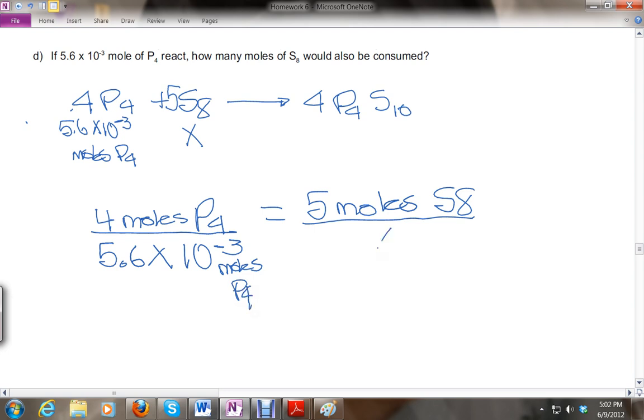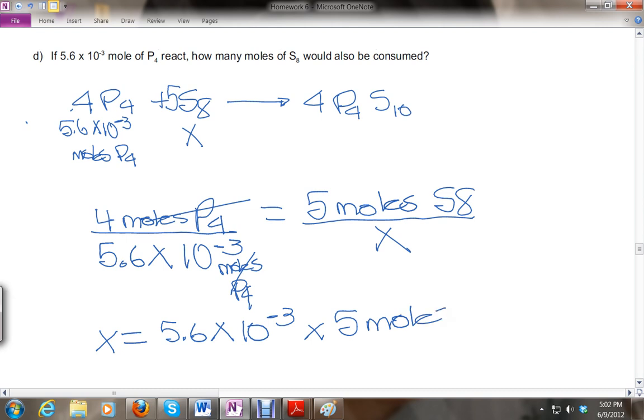How many moles of S8? So this would be equal to 5.6 by 10 to the minus 3, multiplied by 5 moles of S8, divided by 4.